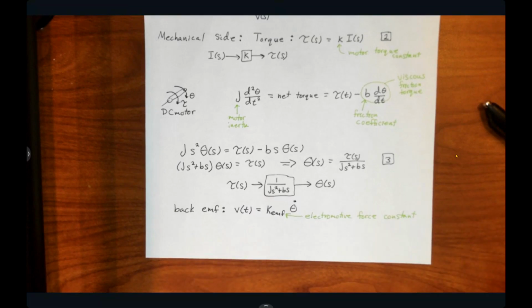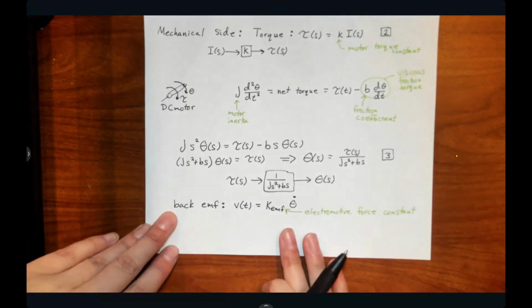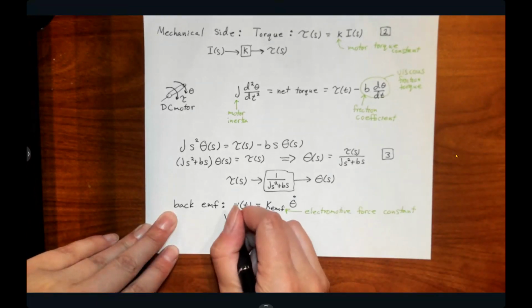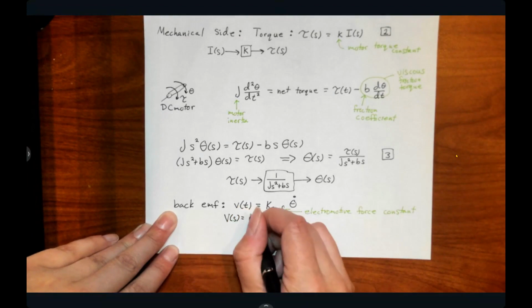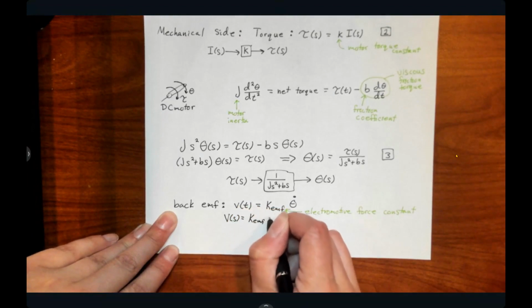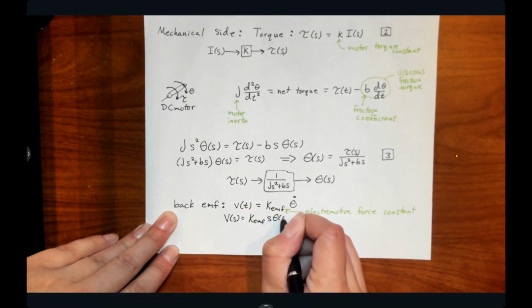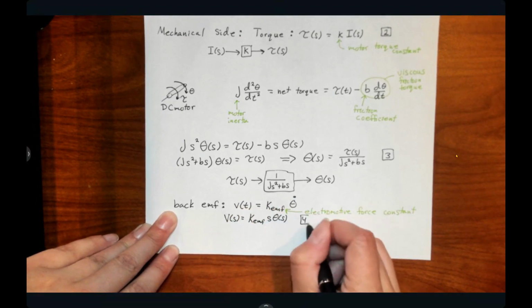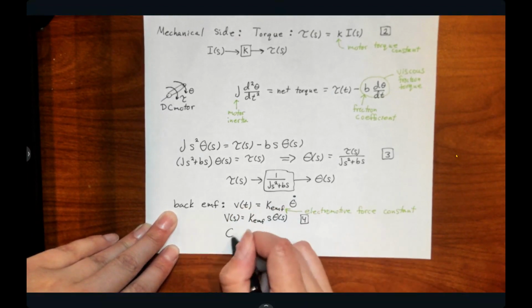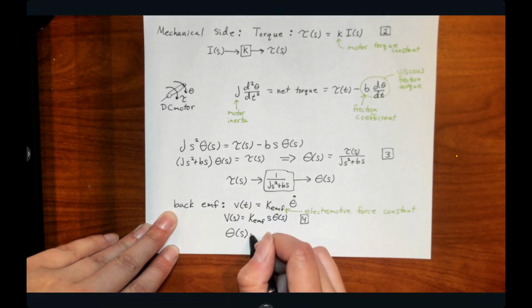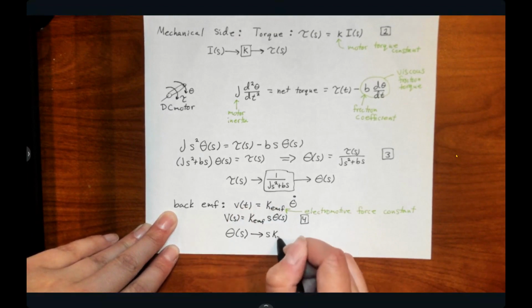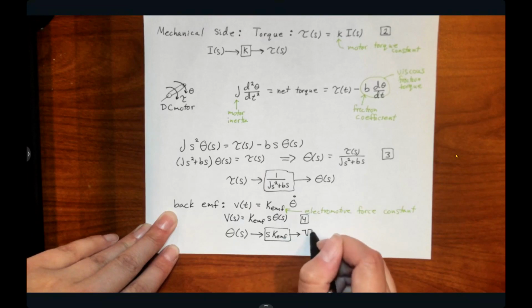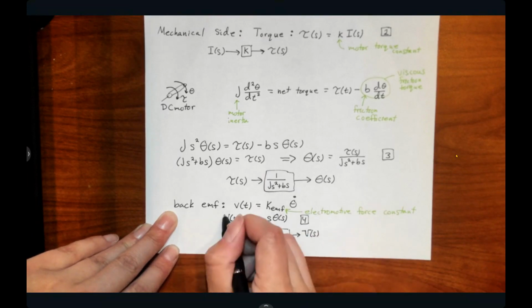All right, so putting this differential equation into the Laplace domain, right, so we have V of S, K, EMF, S, theta S. Or in block diagram form, like so.